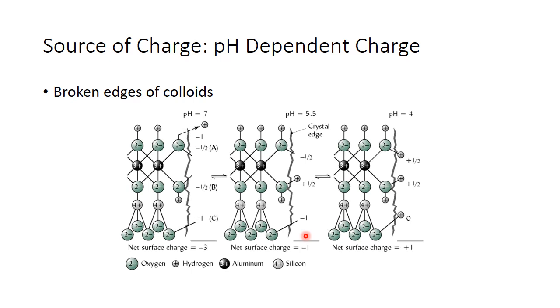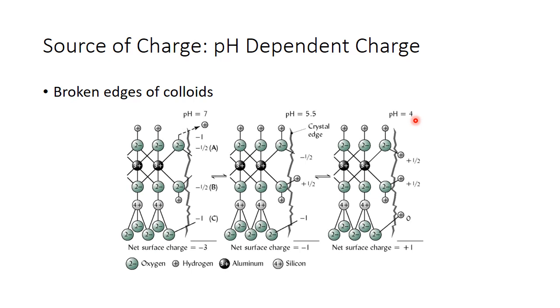We call this protonating those negative charges, and that eliminates that negative charge from being able to adsorb other cations. As we lower the pH even further, we have even more hydrogens floating around in solution, so much so that all of the negative charge sites have been filled up with all these excess hydrogens.